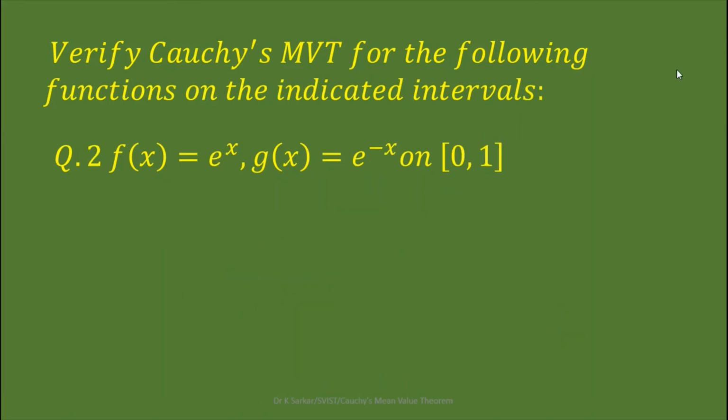Another question. Verify Cauchy's MVT for the following functions on the indicated interval. f(x) equals e to the power x, g(x) equals e to the power minus x on the interval [0, 1]. Here both the functions f(x) and g(x) are continuous in the closed interval [0, 1] and derivable in the open interval (0, 1).